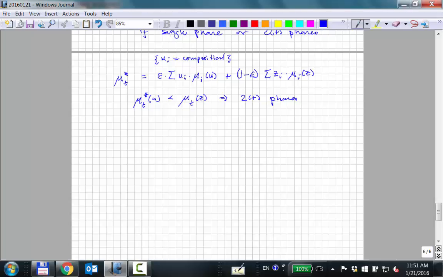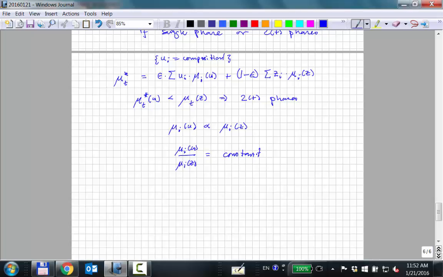And now I think the constraint is simply that this needs to be proportional with this. In other words, the ratio for all components is a constant. Okay?